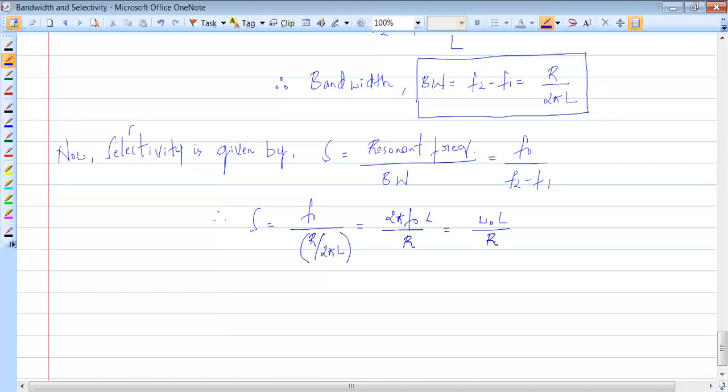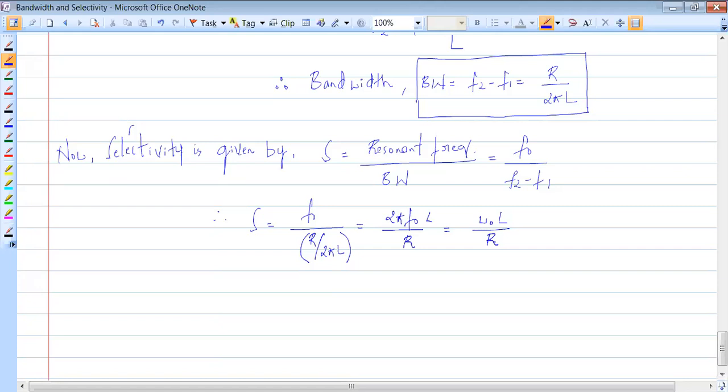Anybody would like to respond to that? Have you seen omega naught L by R? If yes, where? Quality factor. Yes? Go on. Quality factor at resonance or at non-resonance? At resonance. How do we say it's quality factor at resonance? The omega naught is there.